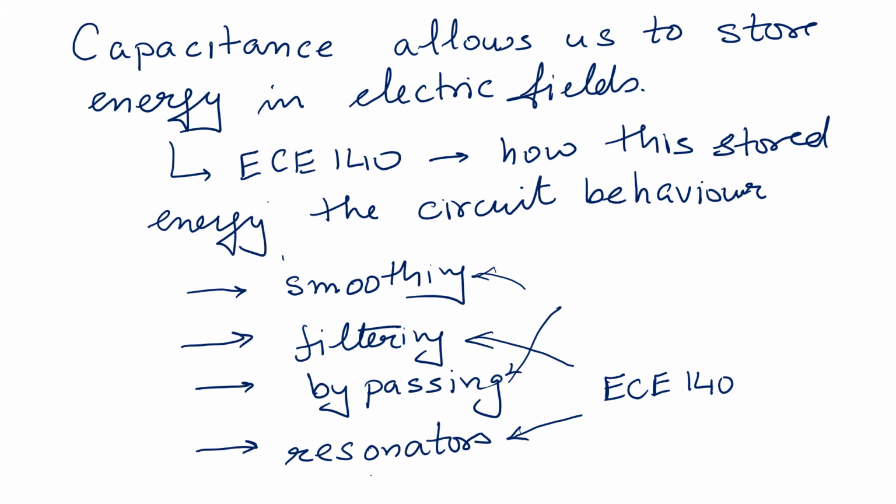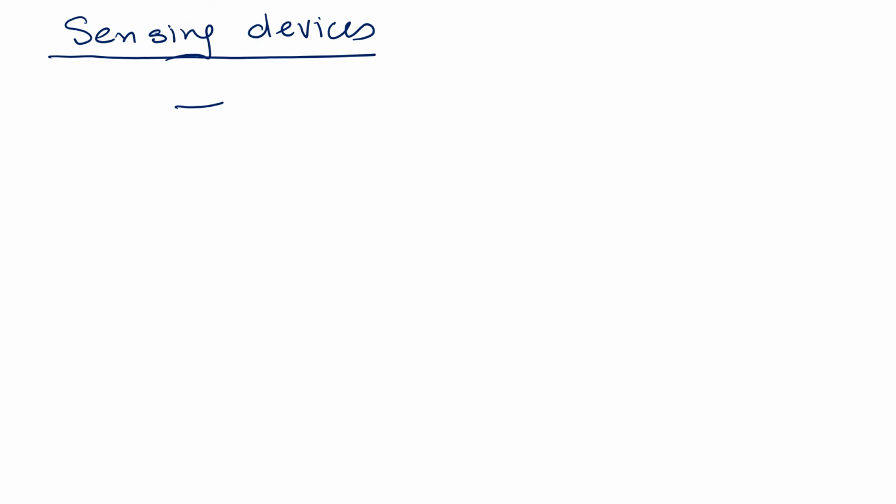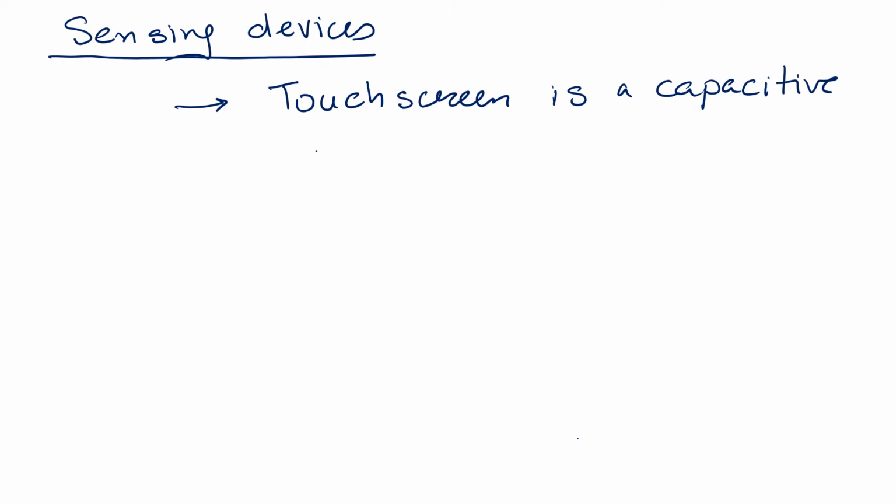Capacitors also play an important role in many sensing devices. The screen I am writing on, this touch screen, is a capacitive device. As I bring my finger closer to the screen, I bring a material of different epsilon, different dielectric permittivity, and we will see soon that the capacitance would not only depend upon the geometry of the conductors, it also depends upon the dielectric permittivity of the material surrounding the conductors.